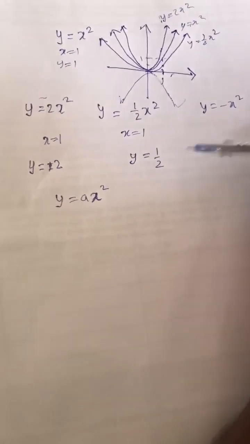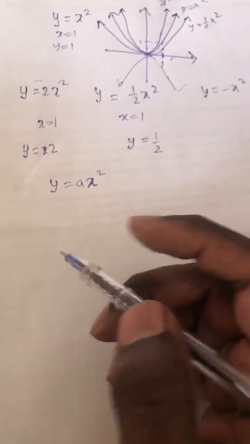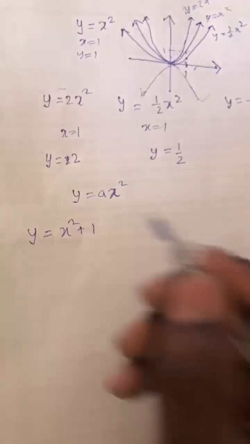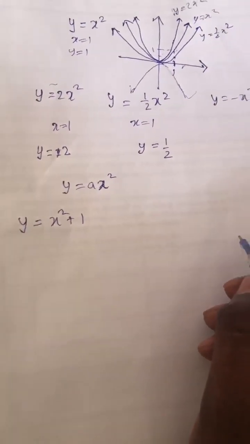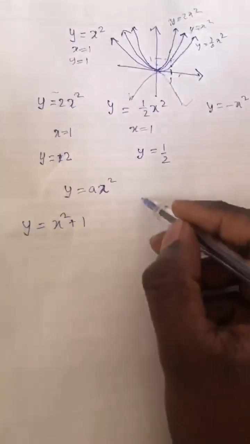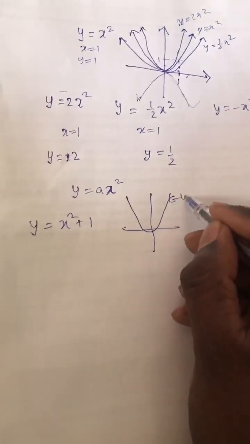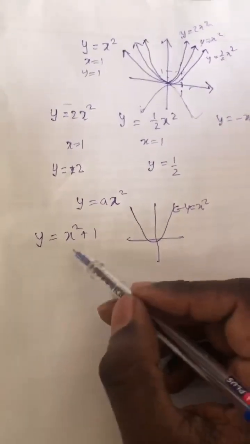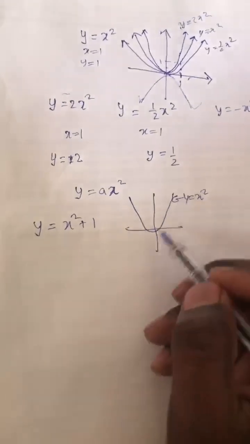Okay, let's go to the next step. How is y equals x squared plus 1 going to be? We see that the normal y equals x squared has a 1 added for this graph.